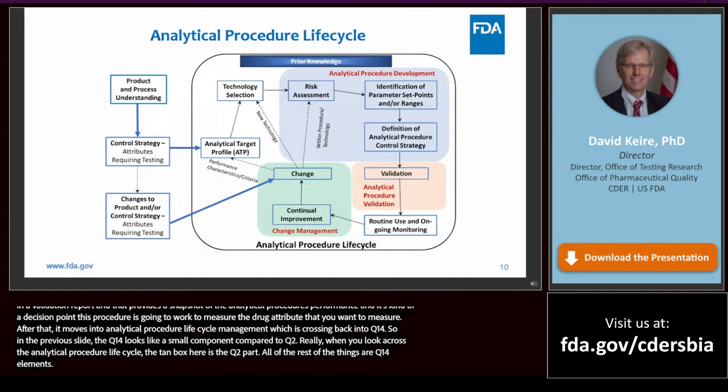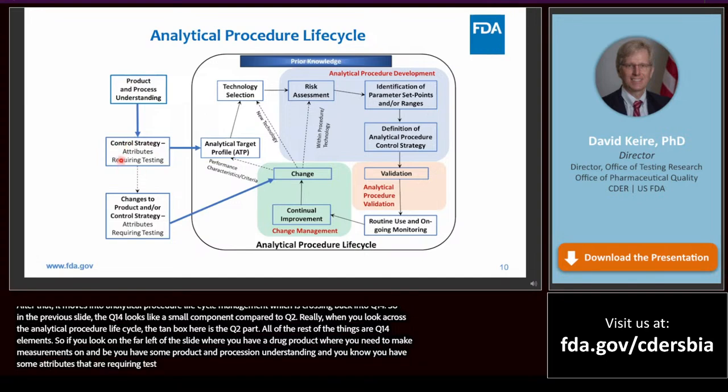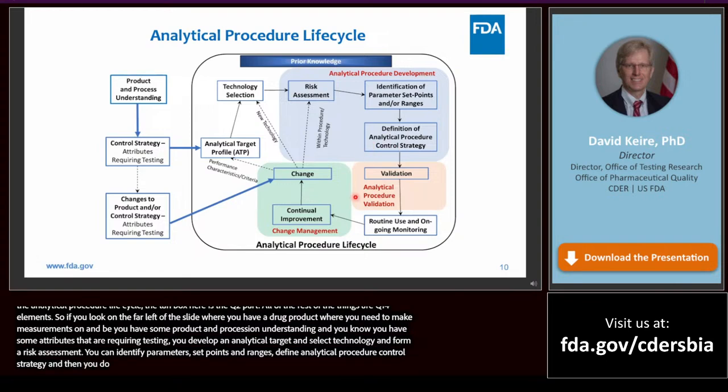So, if you look on the far left of the slide, where you have a drug product that you need to make measurements on, and you have some product and process understanding, and you know that you have some attributes that require testing, you develop an analytical target and you select technology and perform a risk assessment, identify parameter set points and/or ranges, define an analytical procedure control strategy, and then you do the validation.